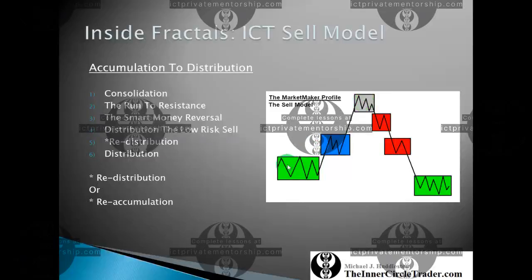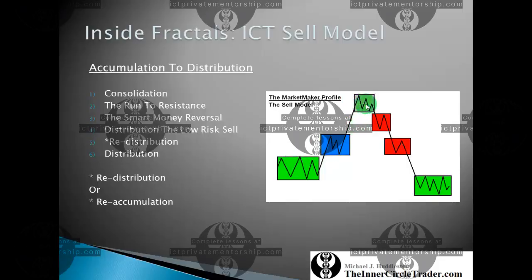So they could accumulate longs in here to do what? To hedge their short position, okay? And they'll reaccumulate in here and buy more, and it'll run to a level of resistance, and then they will distribute what they had hedged back here, okay?